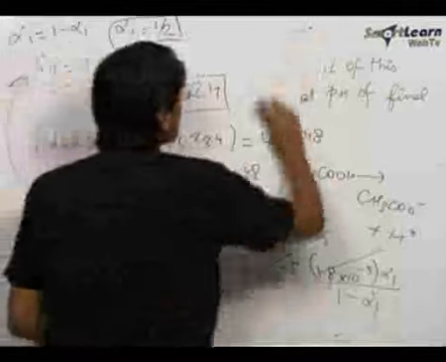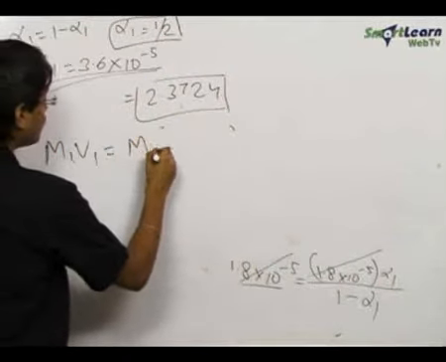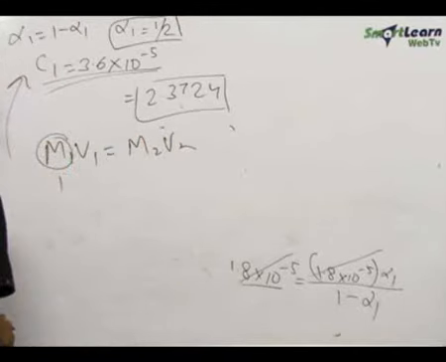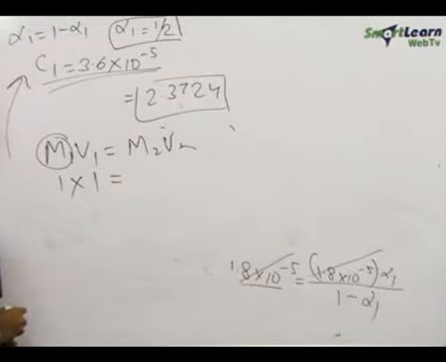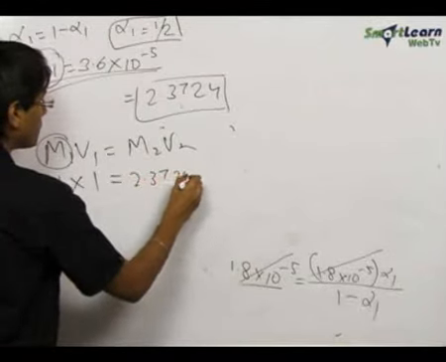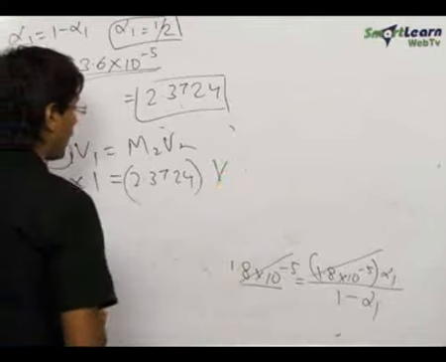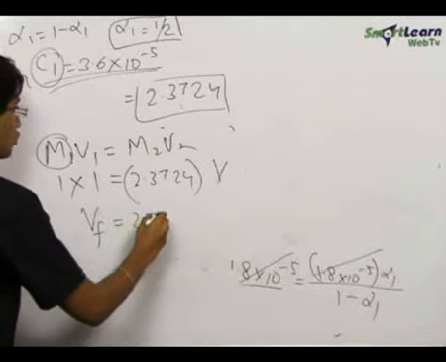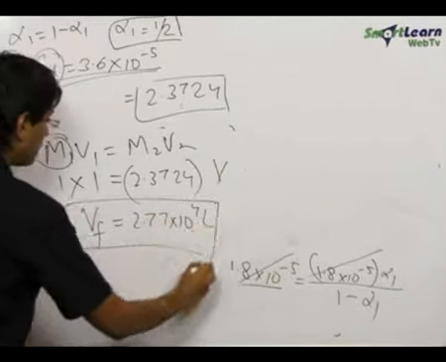Hence we can use the formula M1V1 is equal to M2V2. Initially it was 1 molar acetic acid, the volume was 1. Finally the concentration comes out to be 3.6 × 10^-5, and we need to find the final volume. So on solving this, the final volume comes out to be equal to 2.77 × 10^4 liters.